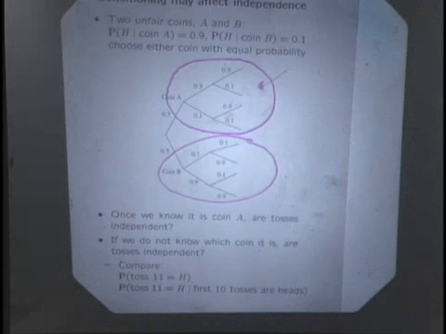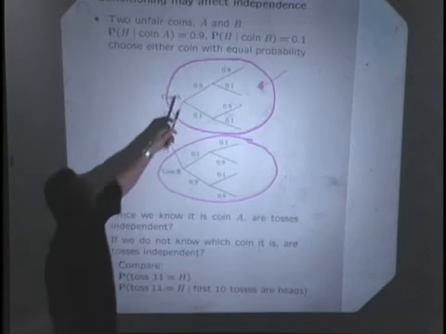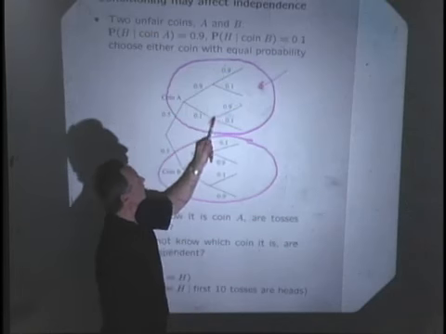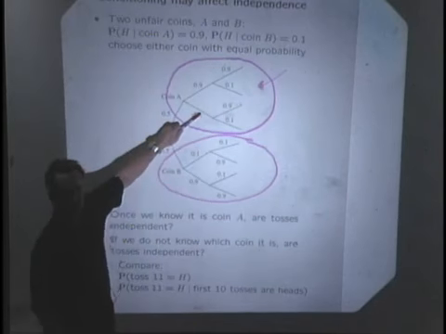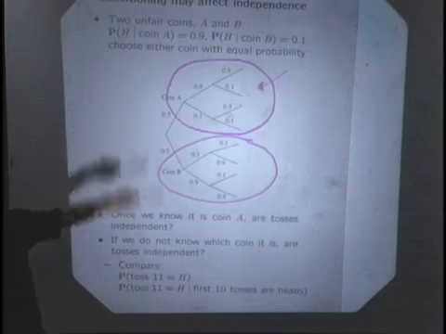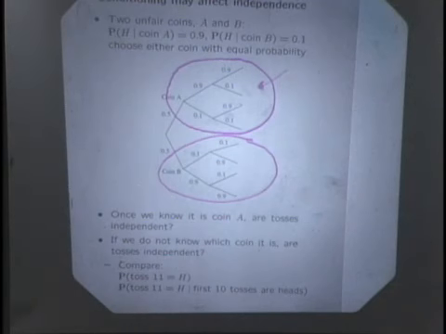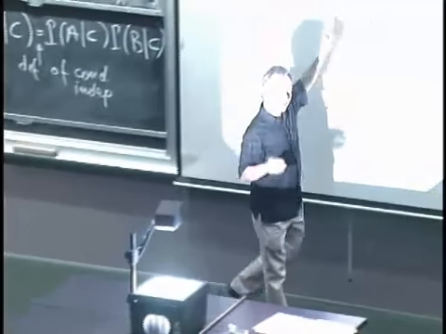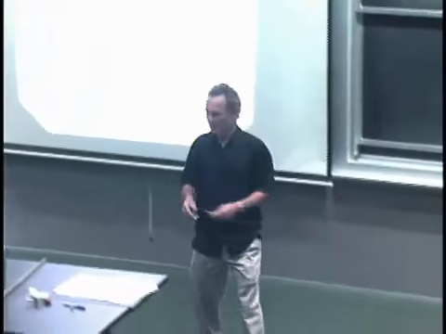They are independent because the probability of heads in the second toss is the same, 0.9, no matter what happened in the first toss. So the conditional probabilities of what happens in the second toss are not affected by the outcome of the first toss. So the second toss and the first toss are independent. So here we're just dealing with plain independent coin flips.